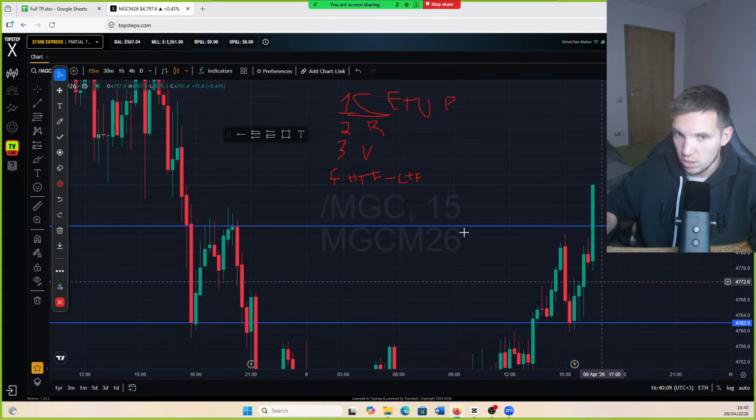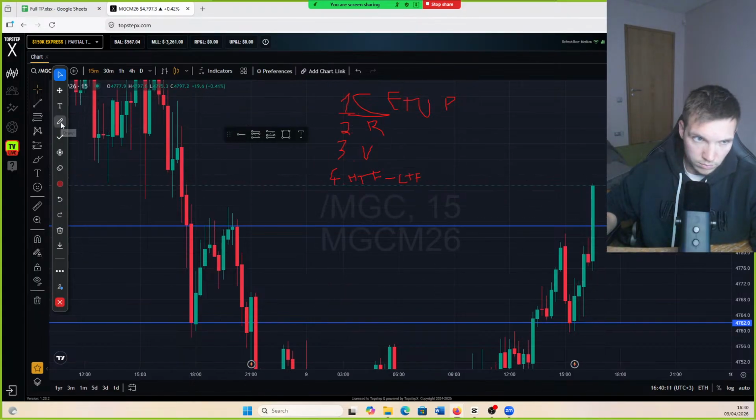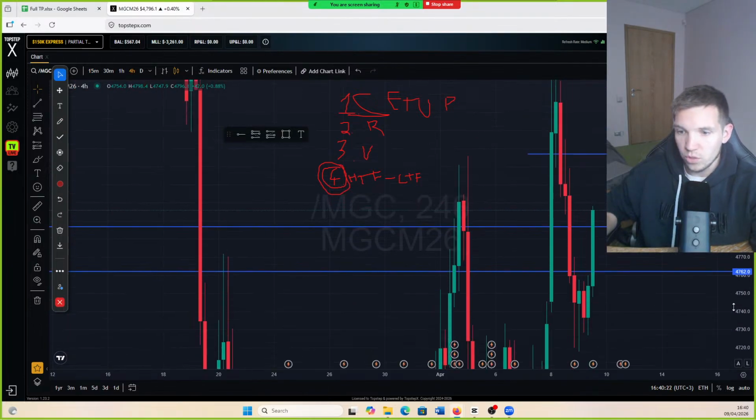So why didn't it work out? Because of rule number 4, higher time frame to lower time frame confirmation. If you look at the 4-hour, we are clearly bullish. That's just the first sign that the higher time frame says buys.